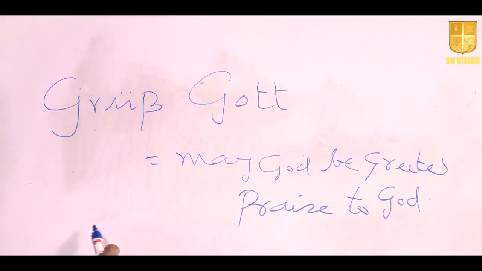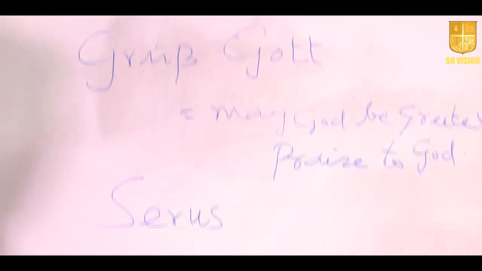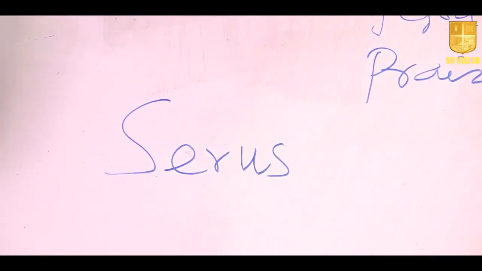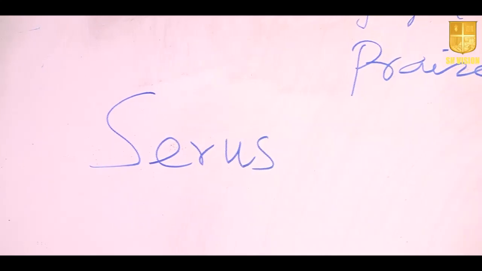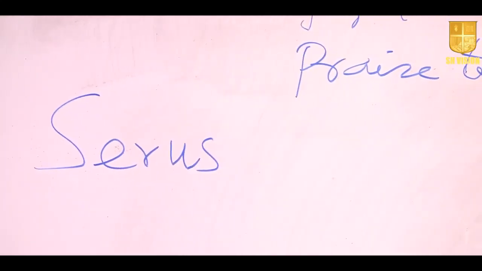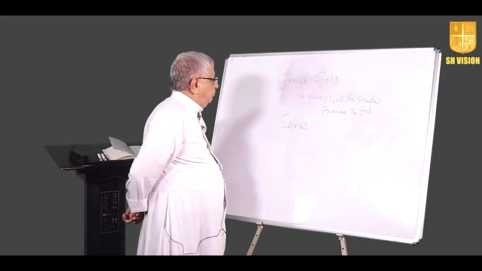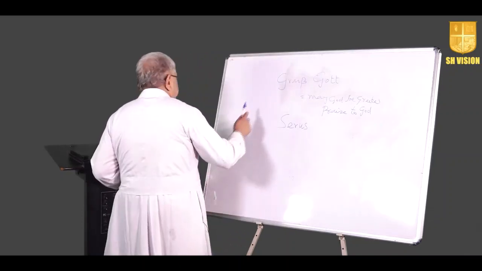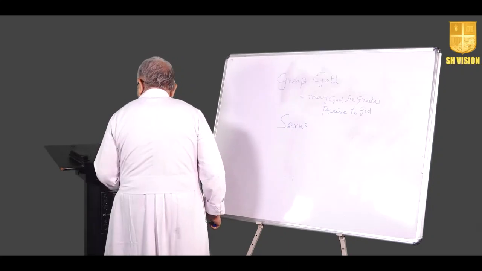In Austria, they sometimes use the word Servus. That is only in Austria, I think only in Vienna. Servus means I am your servant. So we spoke about this. The Guten Tag, Grüß Gott belongs to that group.